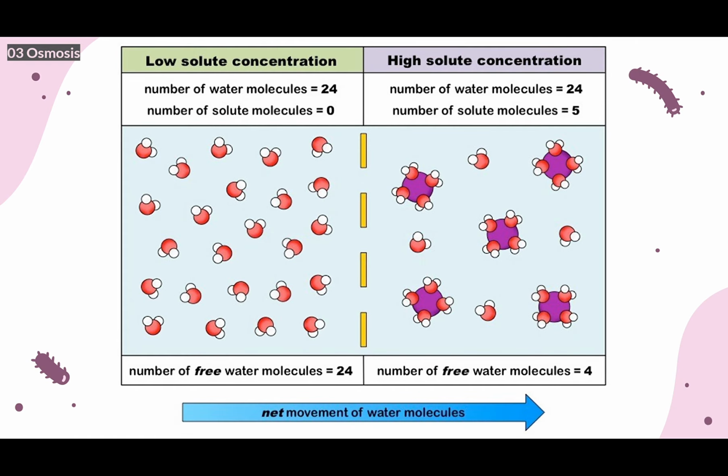The same thing you can see here in this graph from BioNinja. At low solute concentration, we can see a lot of free water molecules. On the right-hand side, we see a high solute concentration where they associate with polar or charged molecules and form these solute molecules, and you can see that the number of free molecules decreases dramatically.